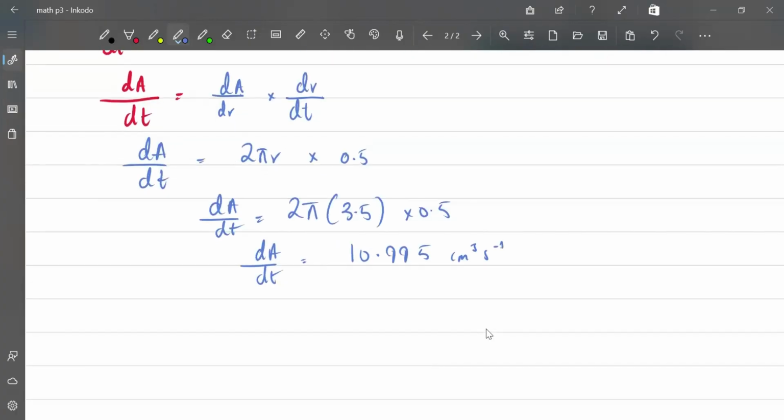All right, and in exams we always leave answers up to 3 significant figures, right? So it's going to be 11.0 centimeter cube per second. This is going to be our answer.